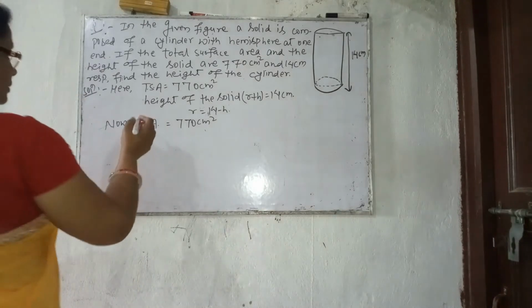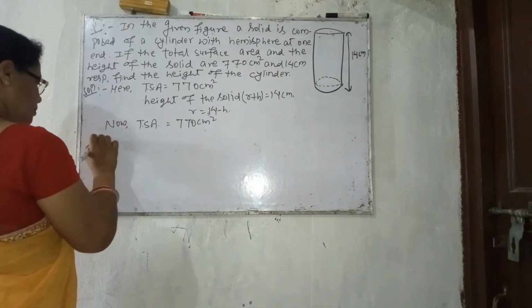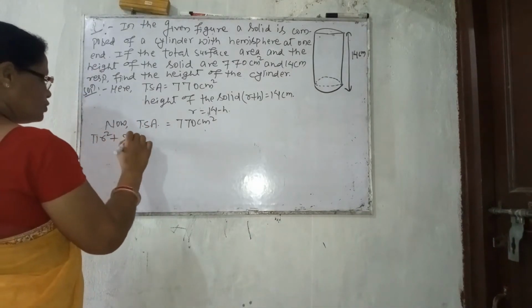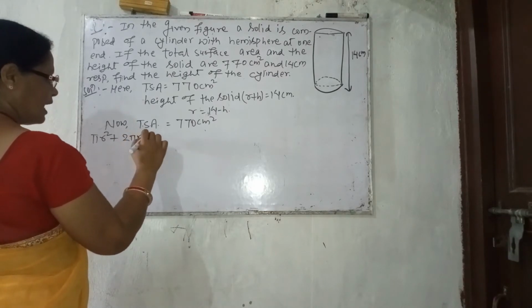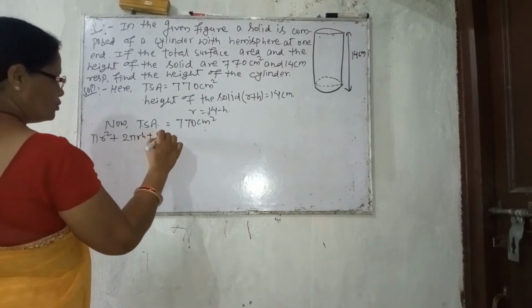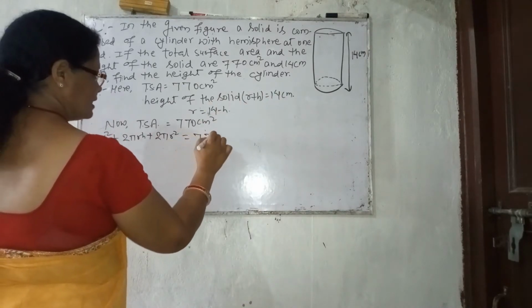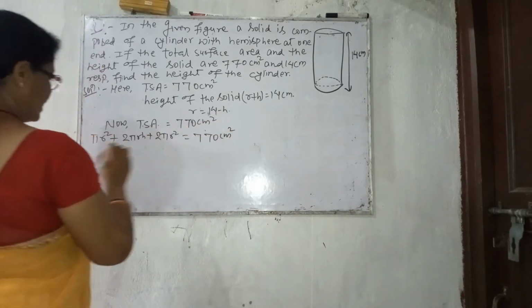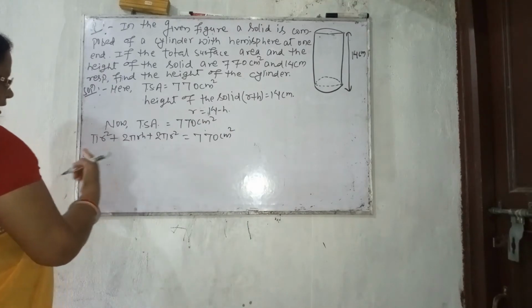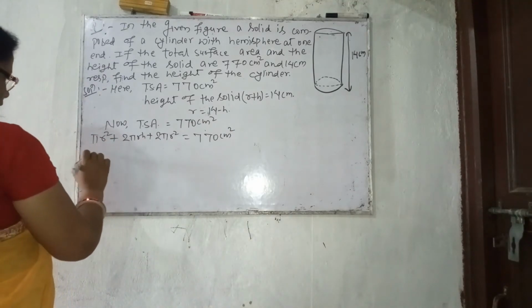So it will be pi r square plus 2 pi rh plus 2 pi r square, equal to 770 cm square. After that, pi r is common.